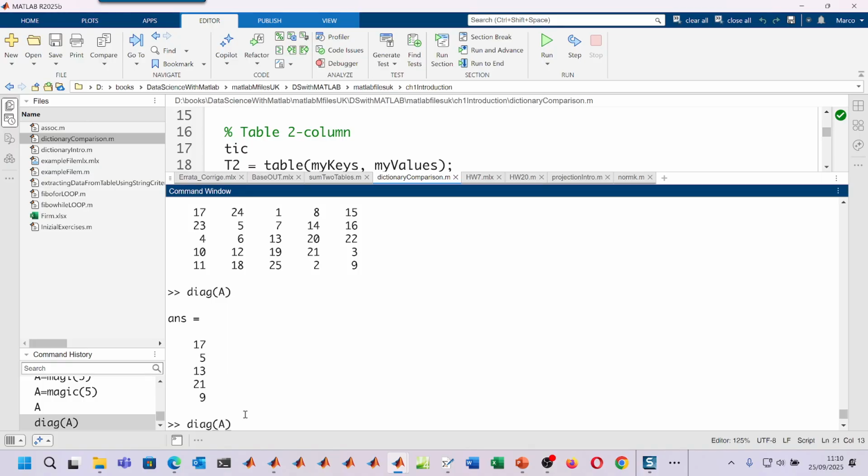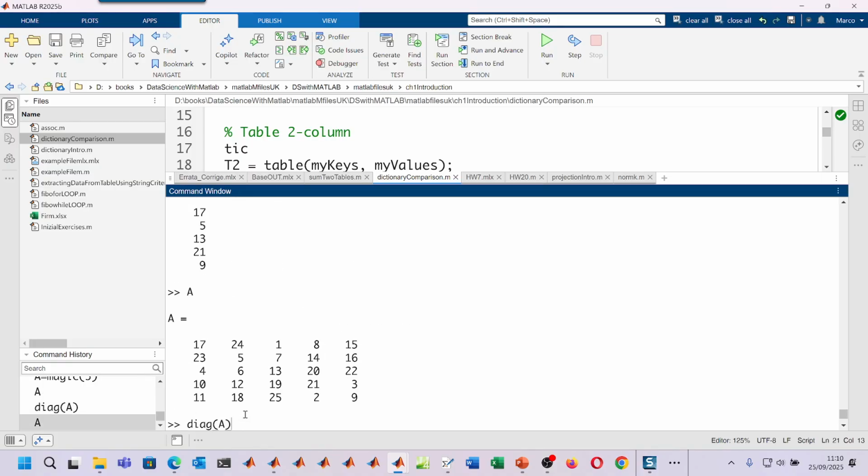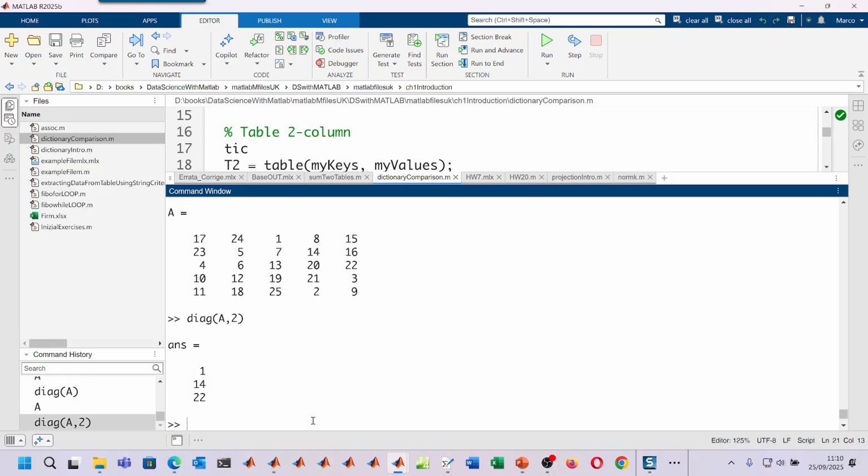So if A is this one, diag A 2, what do you expect? No. 1, 14, and 22, eh? Okay, you got it? So two diagonals above the main.